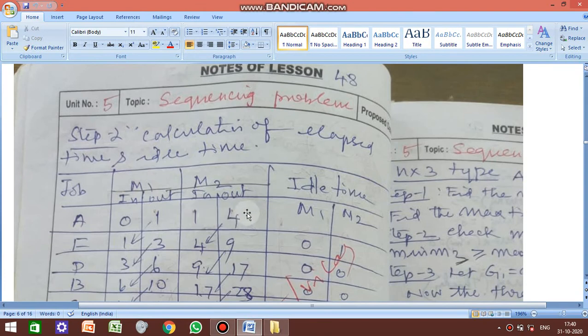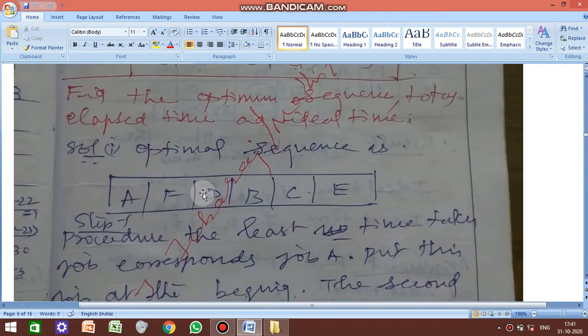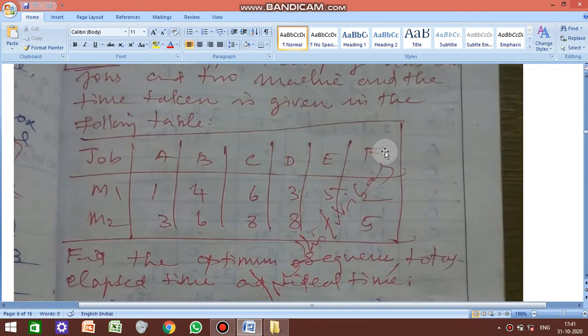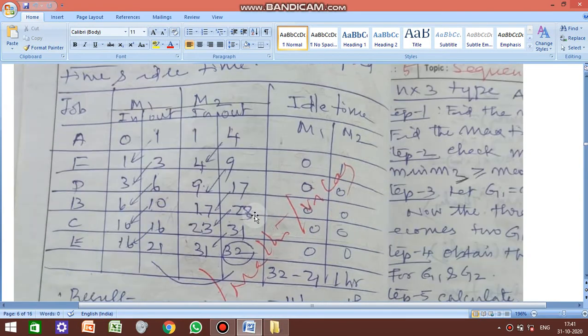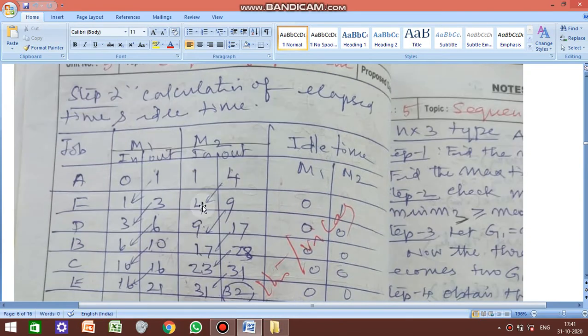Now this out time becomes the in time for the next activity. Therefore 4 units comes here. To find the out time we have to find how much F takes on M2. F takes 5 units on M2. Therefore 4 plus 5 is 9 units here.